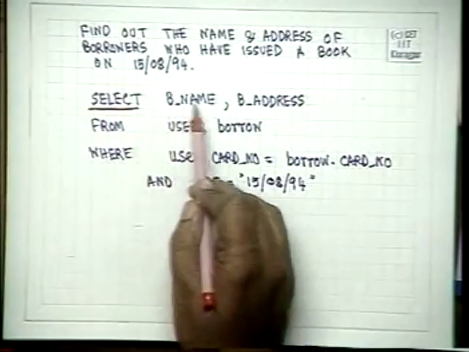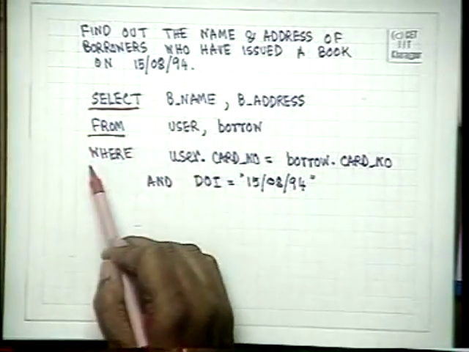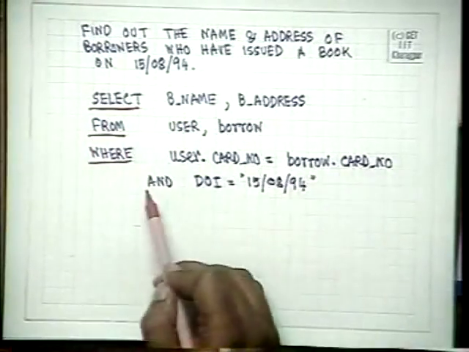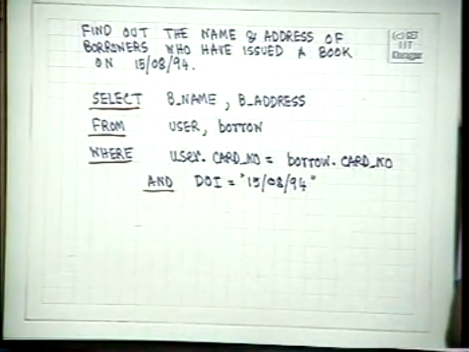Select borrower name address from user and borrow, where user card number equal to this and date of issue is equal to this.